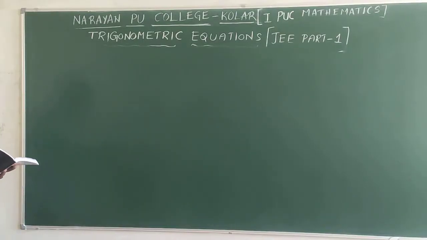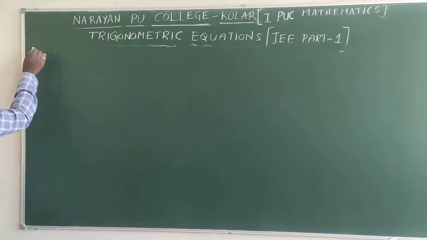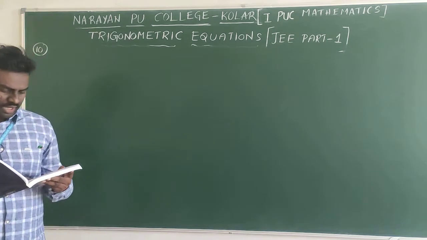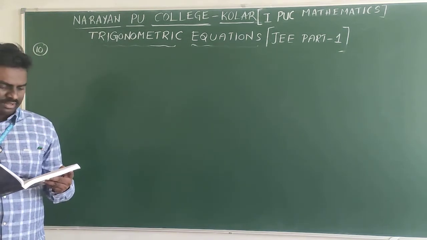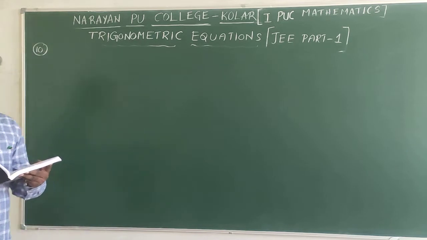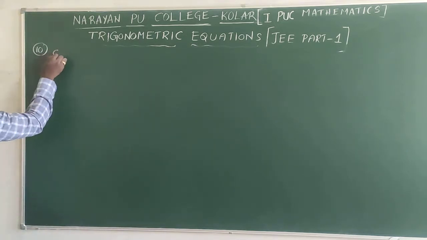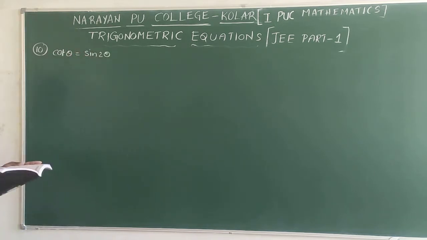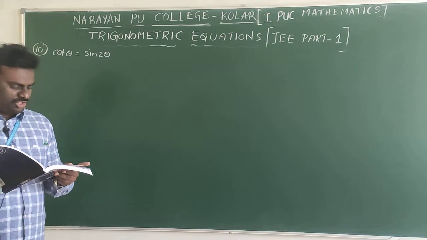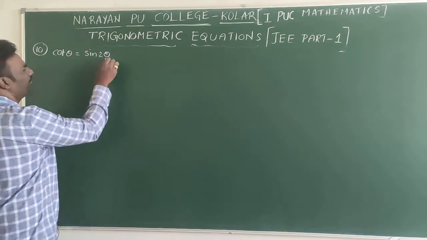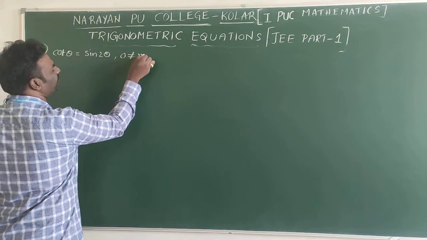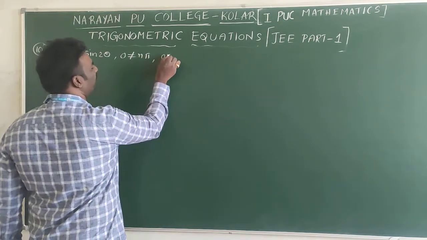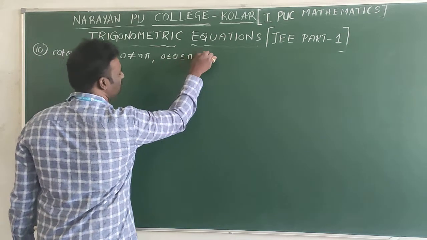Next question, 10th. The sum of all the solutions to the equation cos theta equals sin 2 theta, and the given condition, theta not equal to n pi, and one more condition, 0 less than or equal to theta less than or equal to pi.